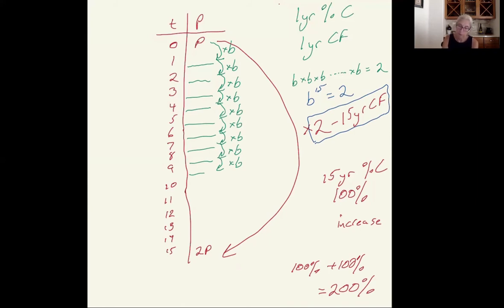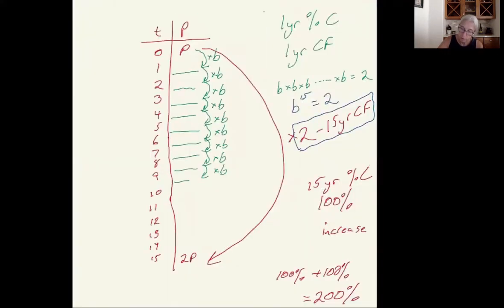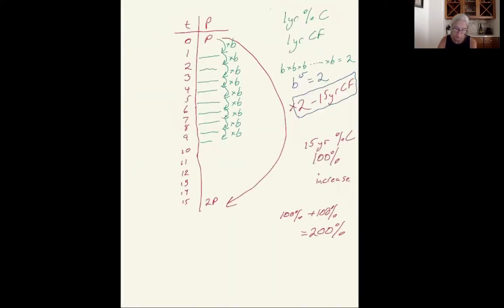So now we have to do a little bit of algebra to find out then what is B. And it turns out that, we'll get a new piece of paper on here if I can.